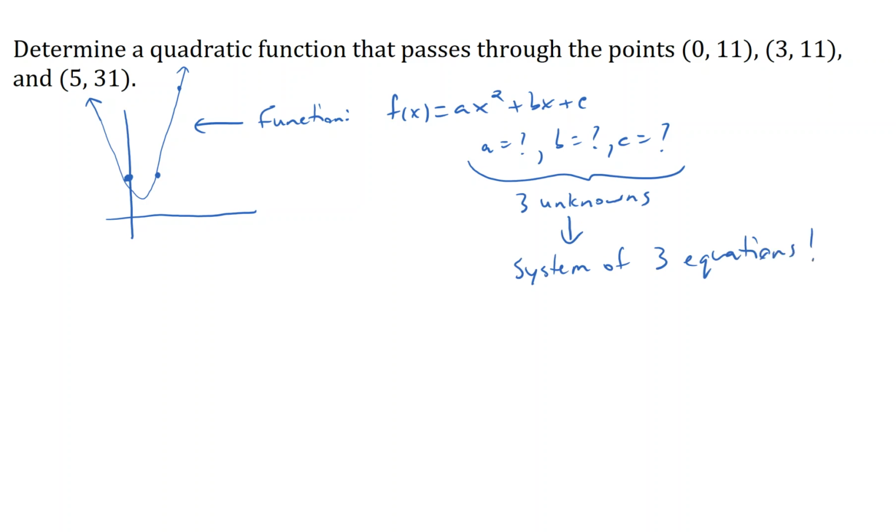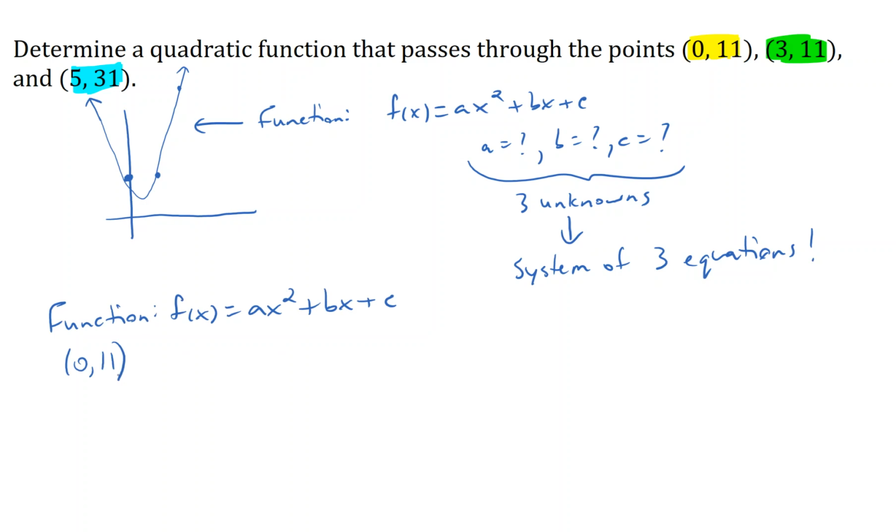We're going to take each ordered pair up here and use the fact that they are on the graph to create 3 equations. Alright, so let's take our function again. This is the equation we're going to use. F of x equals ax squared plus bx plus c. That's the generic equation we're going to use, but we're going to create three different equations by using the ordered pairs.